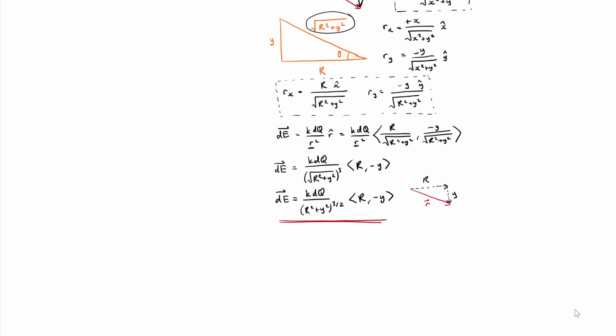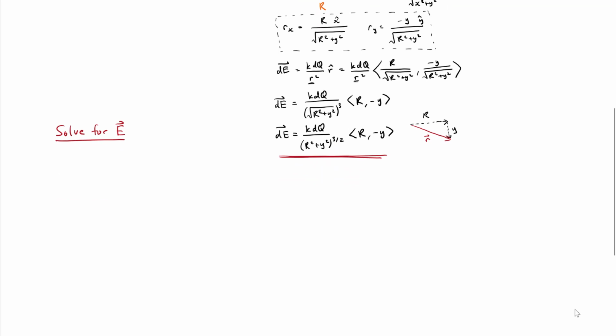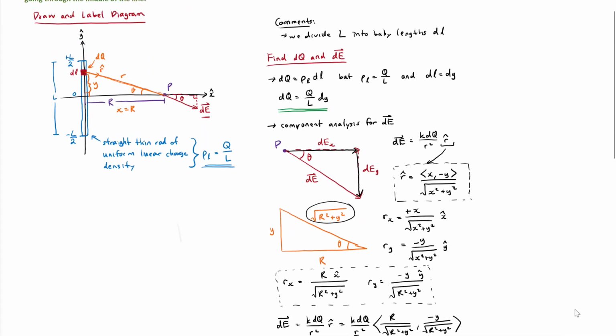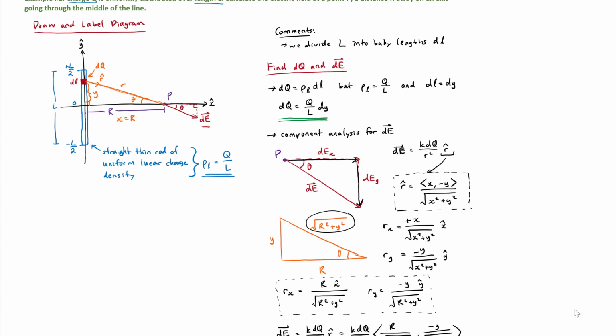So now let's solve for the electric field. And now we do have to take a look at symmetry. So I know here we have the x and y component, but going back to the drawing, if I take a look at this point P, there is going to be a vertical contribution from all the charges.